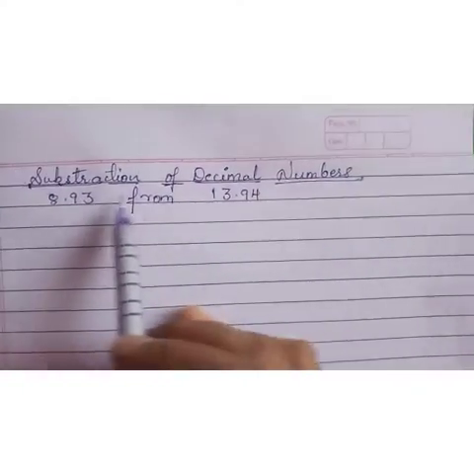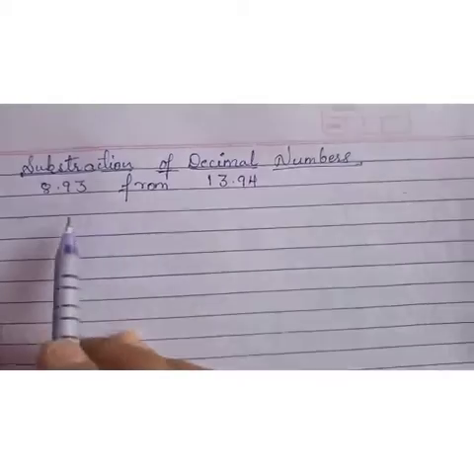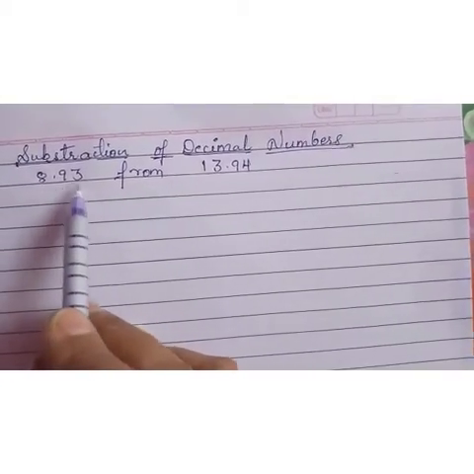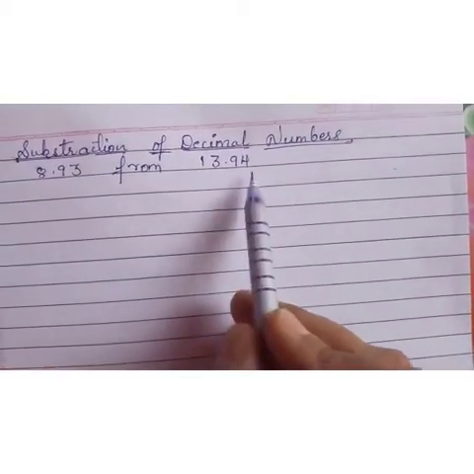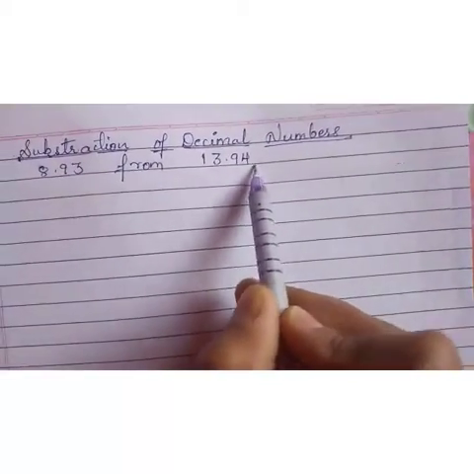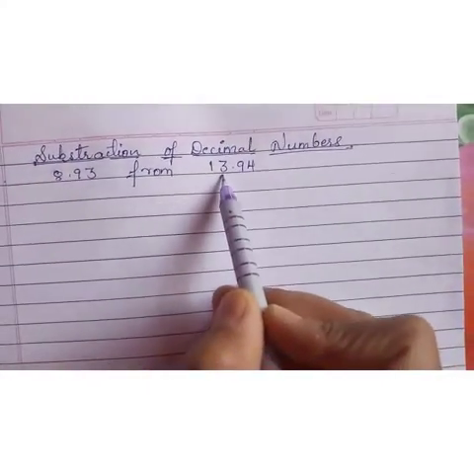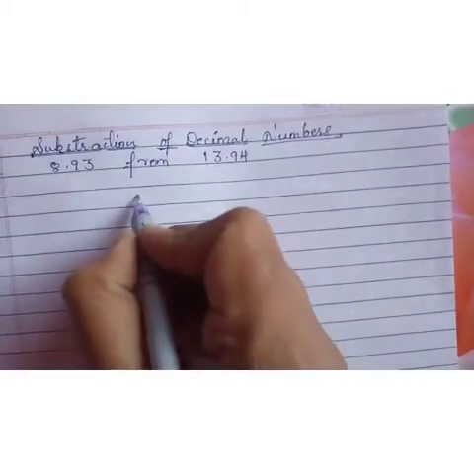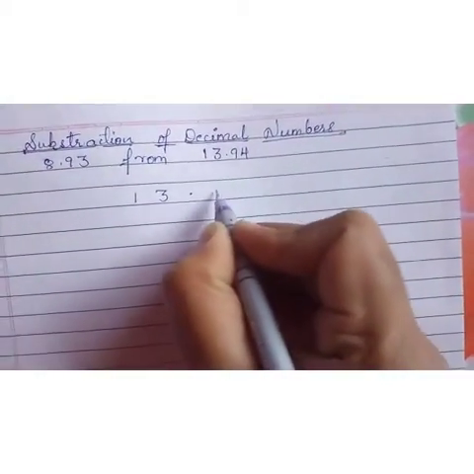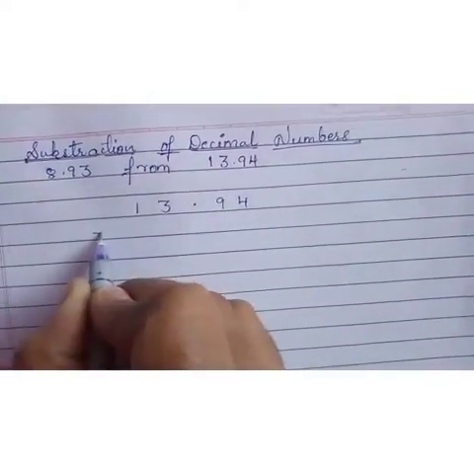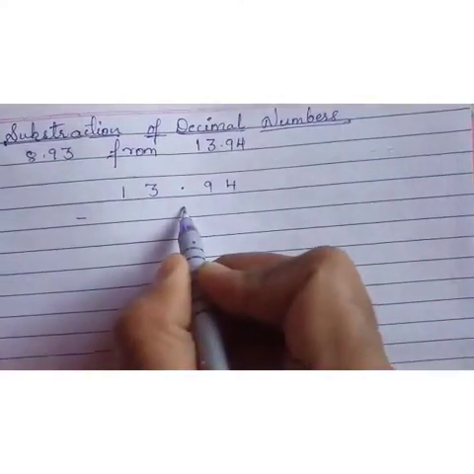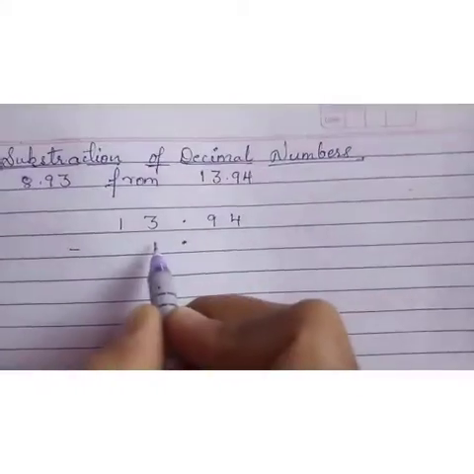Students, next we have subtraction of decimal numbers. First example is 8.93 from 13.94. So from this number you have to subtract this. So write down first this number, that is 13.94 minus 8.93. Place the decimal just below as it is.